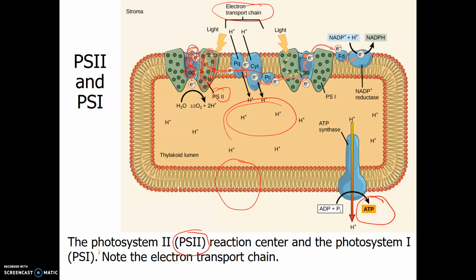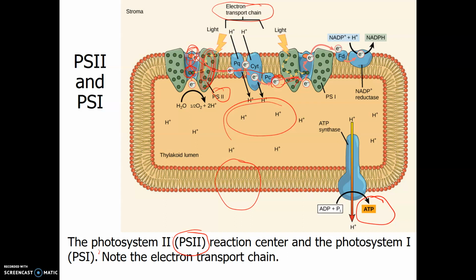So photosystem 2 and the electron transport chain create ATP, and then that same electron moves on to photosystem 1 and undergoes the same things.